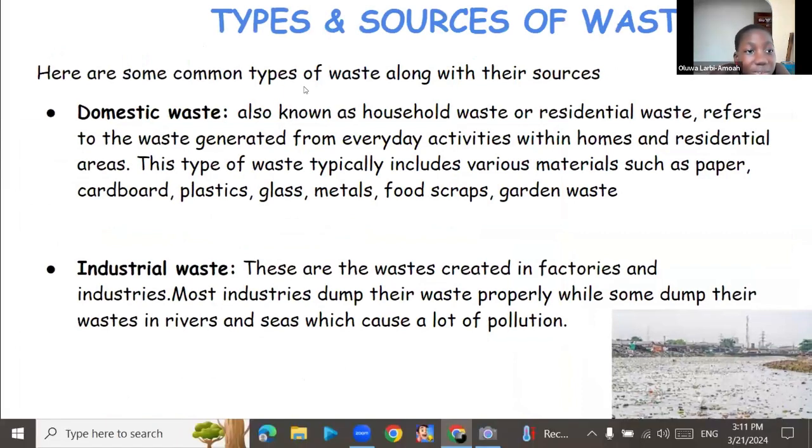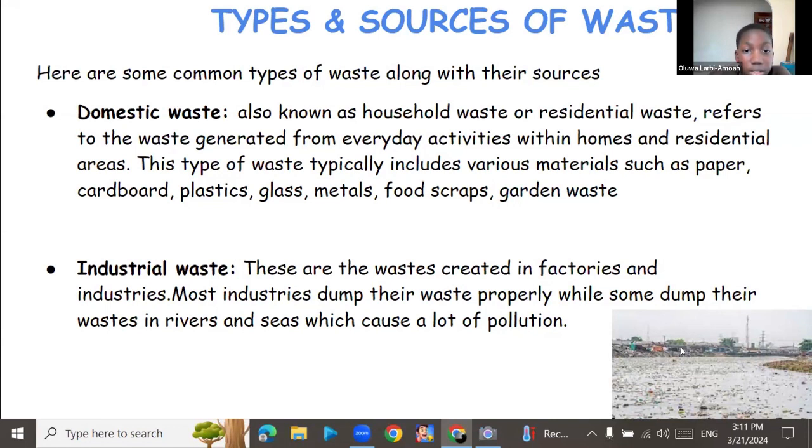Types and sources of waste. Here are some common types of waste along with their sources. Domestic waste, also known as household waste or residential waste, refers to the waste generated from everyday activities within homes and residential areas.